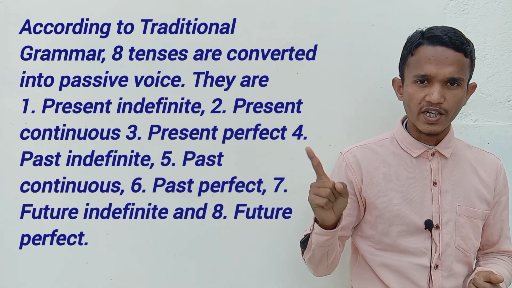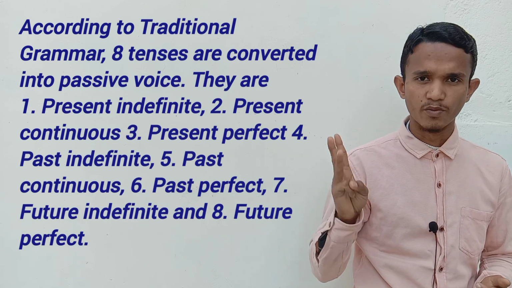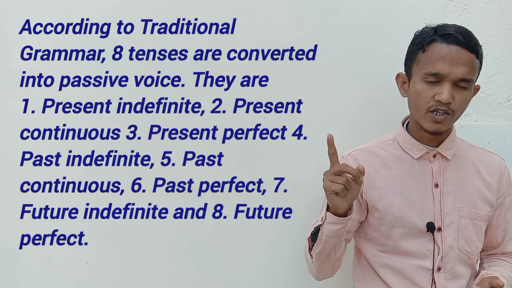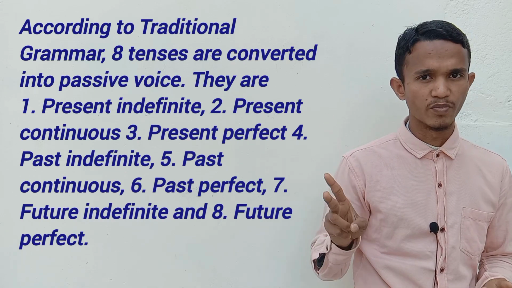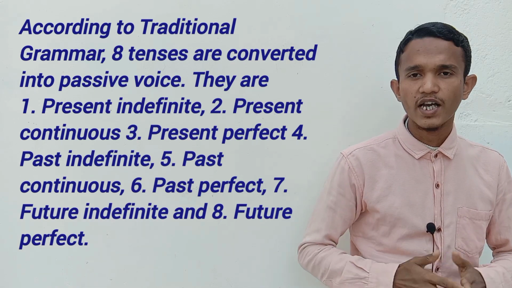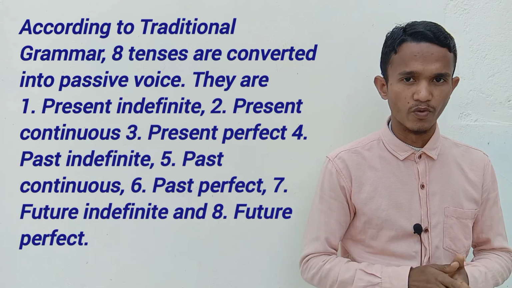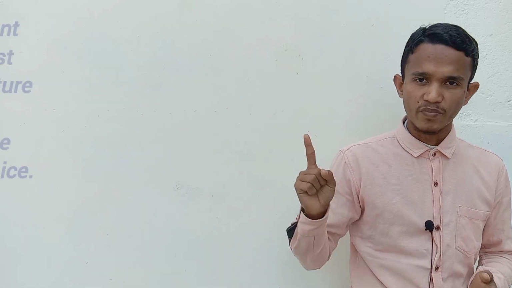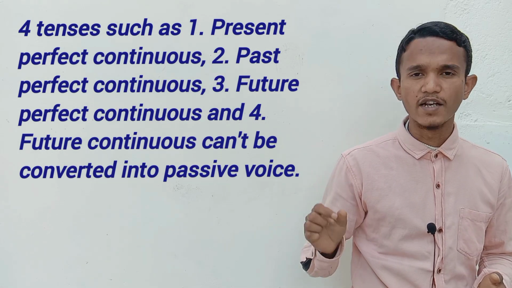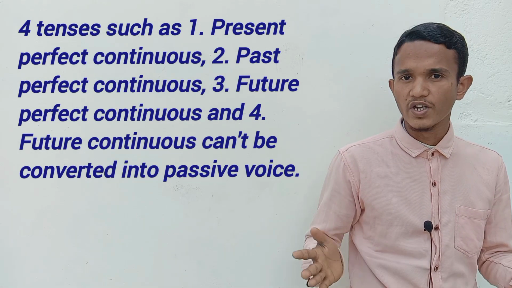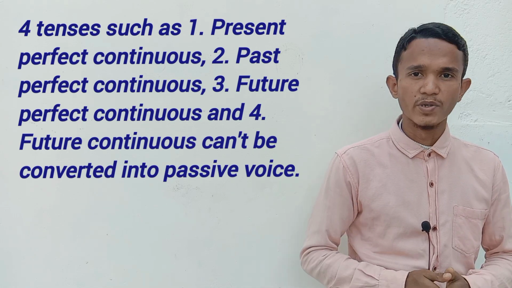They are present indefinite, present continuous, present perfect, past indefinite, past continuous, past perfect, future indefinite, and future perfect. These 8 tenses can be converted into passive voice, and the remaining 4, present perfect continuous, past perfect continuous, future perfect continuous, and future continuous, these 4 tenses cannot be converted into passive voice according to traditional English grammar.